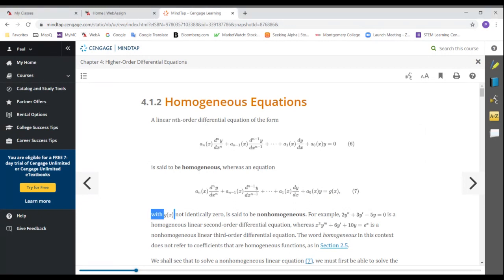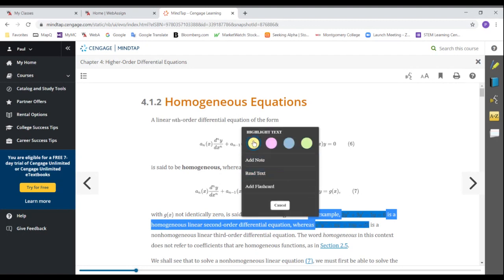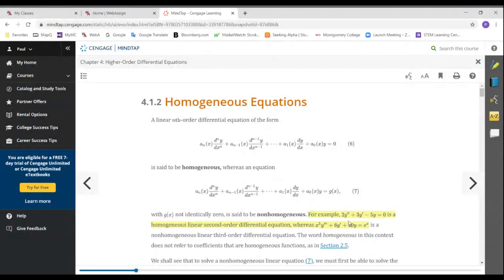They give two little examples here in the text. Here, 2y double prime plus 3y prime minus 5y equals 0 is a homogeneous second order linear differential equation, whereas x cubed y triple prime plus 6y prime plus 10y equals e to the x is a non-homogeneous linear differential equation.